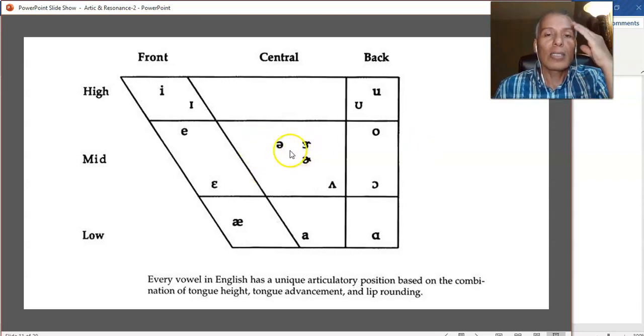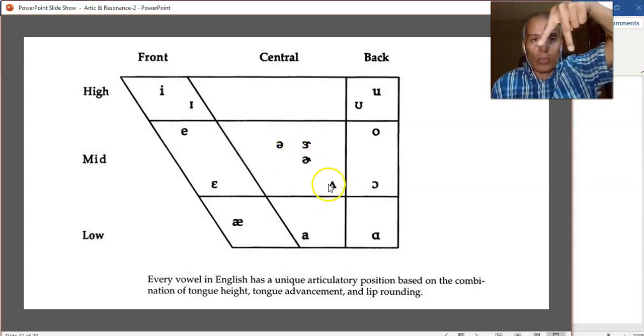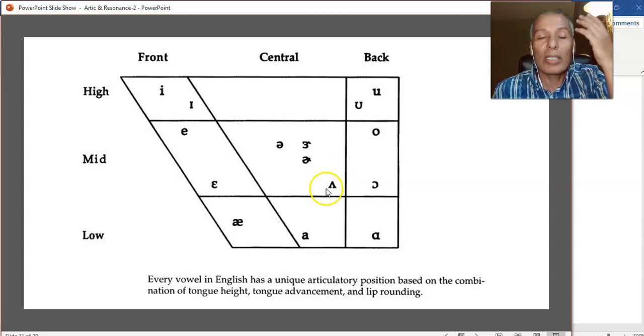So it is mid-central, lax, unrounded. Then a stronger form of it is this sound. We call it the wedge sound or the carrot sound, or sometimes based on the word, you can call it the cup sound, because it comes in the word cup or mug or bug.